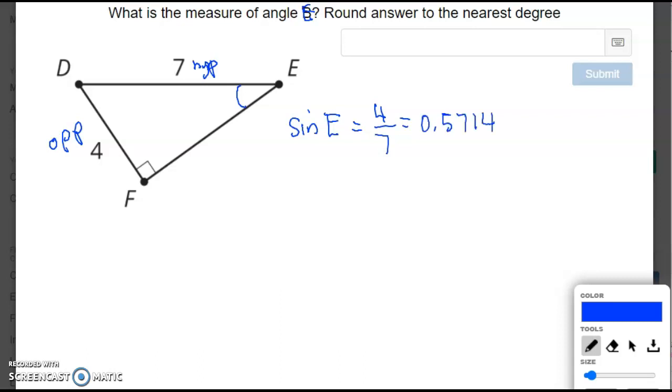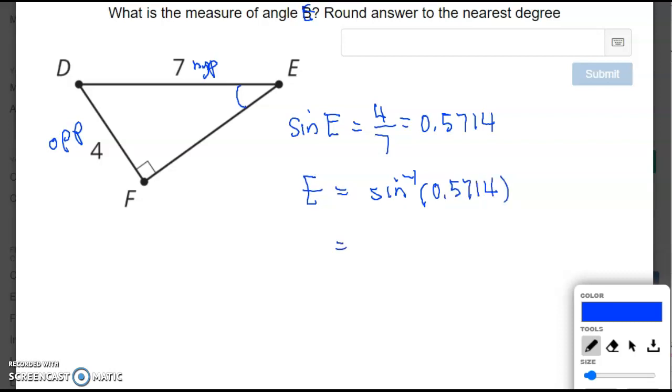0.5714. So now to find angle measure E, I need to do an inverse function. Inverse function means I need to switch E with this number here. So x becomes y, y becomes x. And so it's 0.5714.